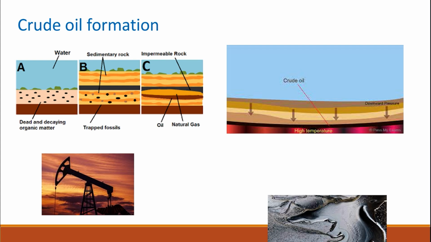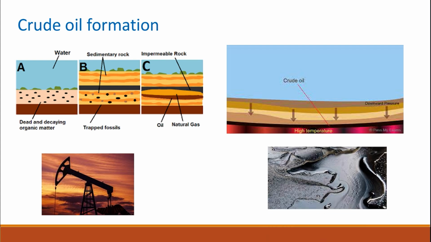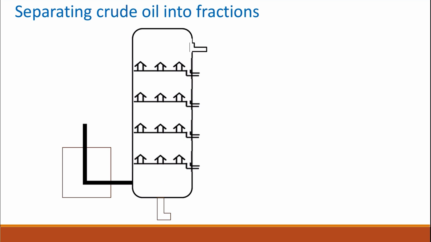The crude oil is then extracted from either under the water or from under the soil, and used as the main source to get the different hydrocarbons. The main problem with crude oil is that it is a non-renewable, finite resource of hydrocarbons.